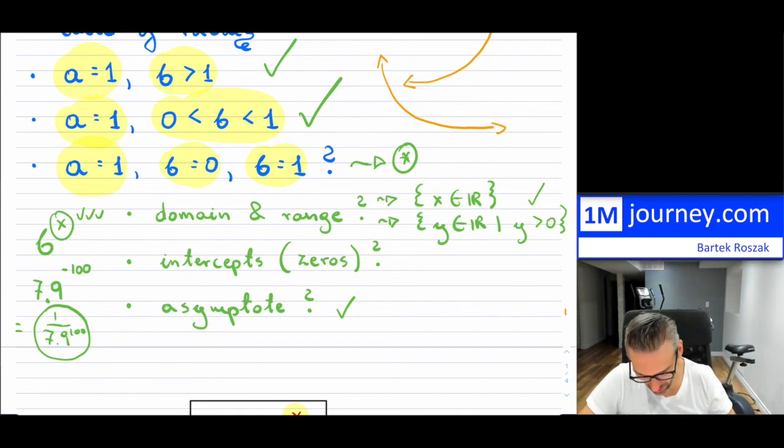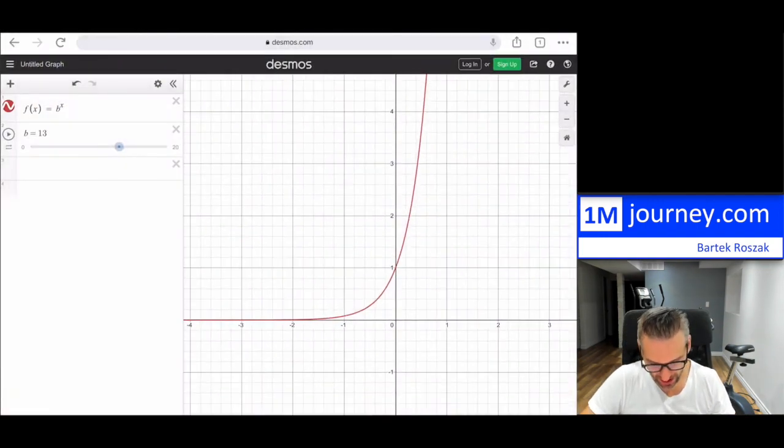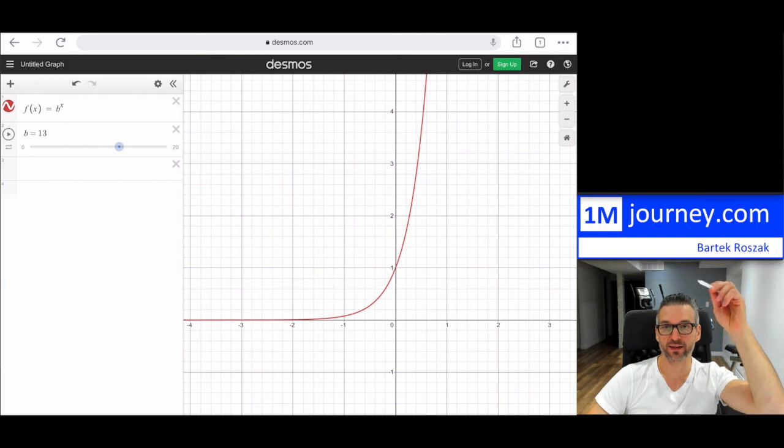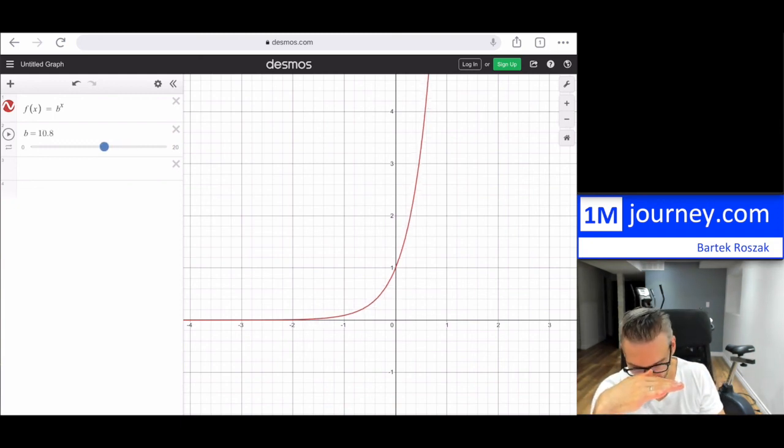But for us, the only asymptote here is because our functions are approaching 0, in this case in this direction. So our asymptote is the line y equals 0. And that is the case here.